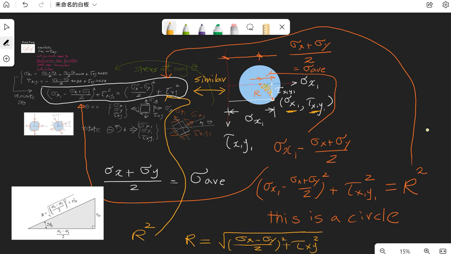Before, we calculated the stress with the formulation, but now, when you learn Mohr circle, you don't need to remember it. You just draw a circle, and you can get any value on the circle. The value is equal to the stress at any theta. So this is the basic idea of a Mohr circle.